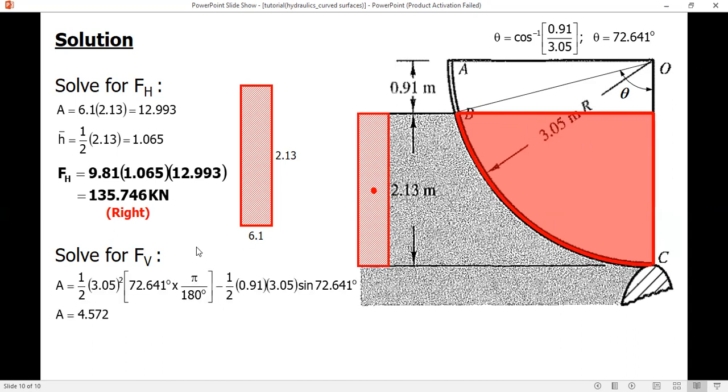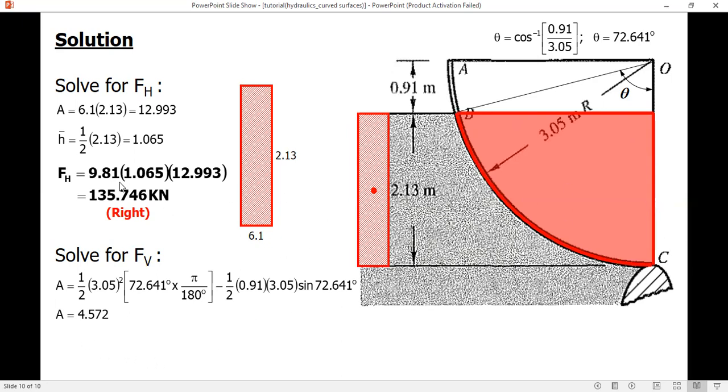So the area is the area of the sector, 1/2 r squared times theta, the central angle, converted to radians by multiplying by pi over 180, minus the triangle, 1/2 times the product of two sides, 0.91 and the radius, times the sine of the included angle. Included angle means the angle between the given two sides. This one, theta. Okay, so the area is 4.572.